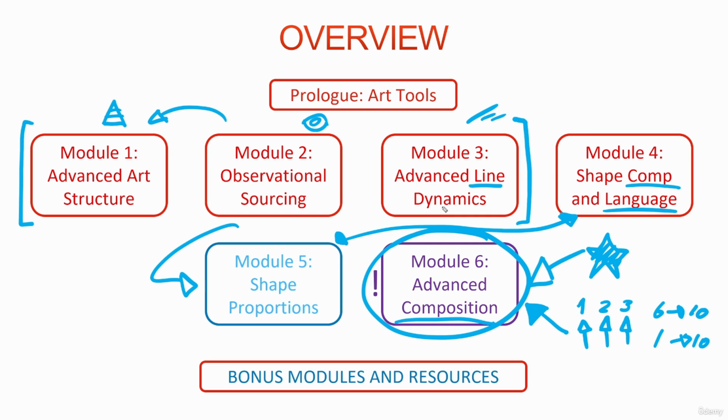Artwork that uses shape composition, language, and proportions, and artwork that doesn't. So you'll be able to tell between those rough sketch modules, like, oh, I see we aren't using some advanced composition here, or we're using some in this module, or wow, Scott's using all of it in this particular image.